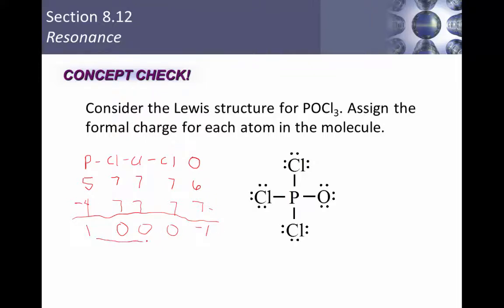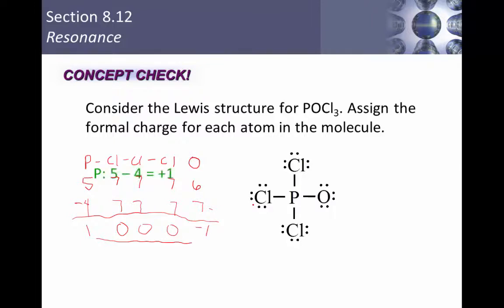This molecule drawing is correct because the formal charge tells us it is. Of course, there's no other way to really draw this. I mean, we could put maybe oxygen in the middle and phosphorus outside, but your least electronegative element goes in the center atom. So that's how the formal charge works.